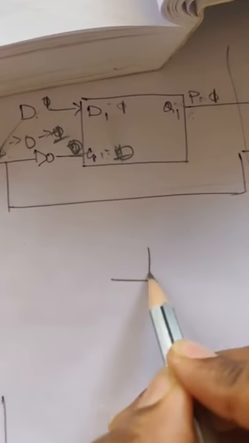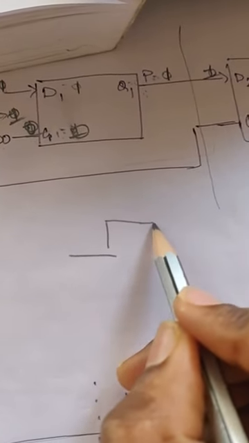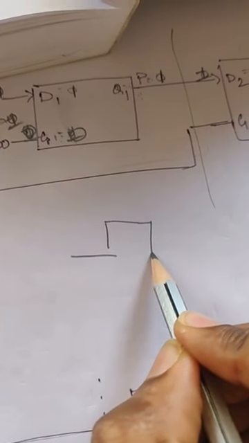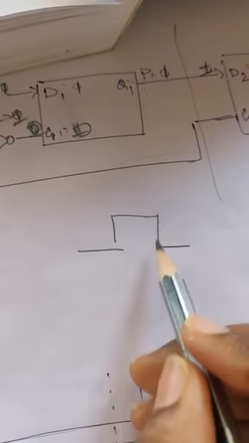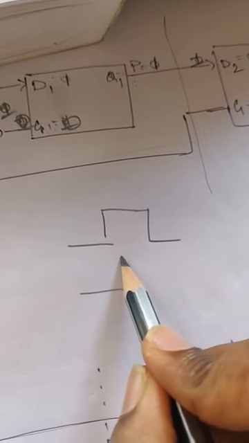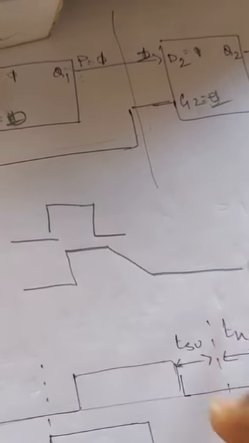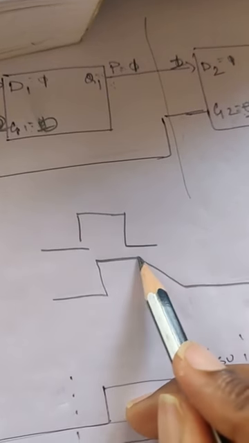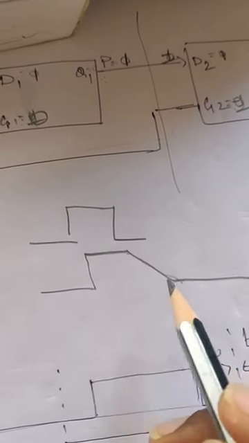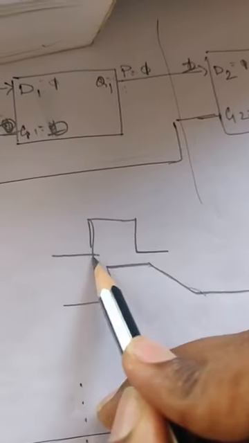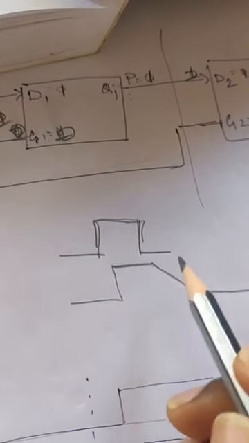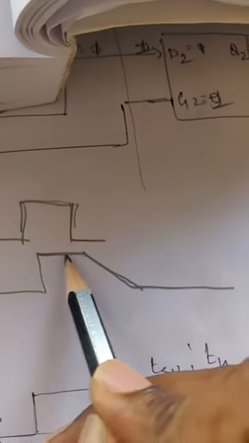If it is in the high state, it won't immediately go down. The waveform looks like this, but when you zoom in, it starts moving from high to low in a slanted manner. It won't fall immediately.